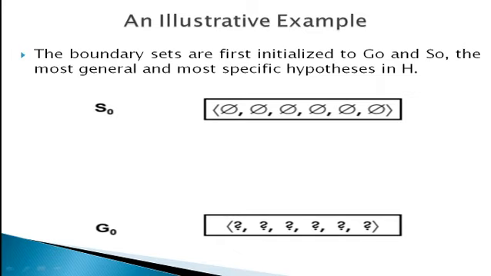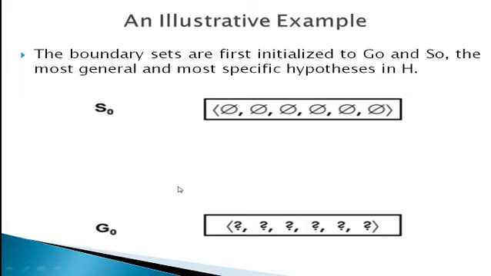Here the boundary sets are first initialized to G0 and S0. As you know, G and S are the boundary sets. G is the most generalized boundary set, and S indicates the most specific set or the most specific hypothesis, right?